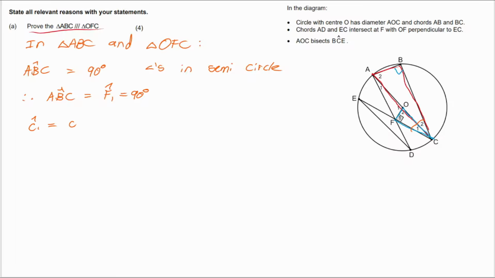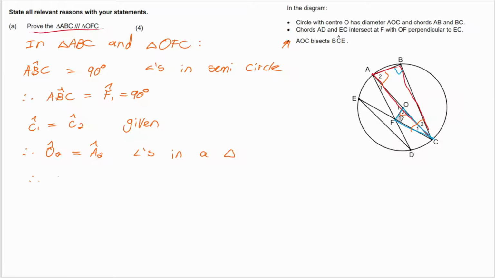C1 is equal to C2. It came from this reason over here, given. So now what are we missing? O2 is equal to A2. And the reason there's angles in a triangle, it's just the remaining angles.